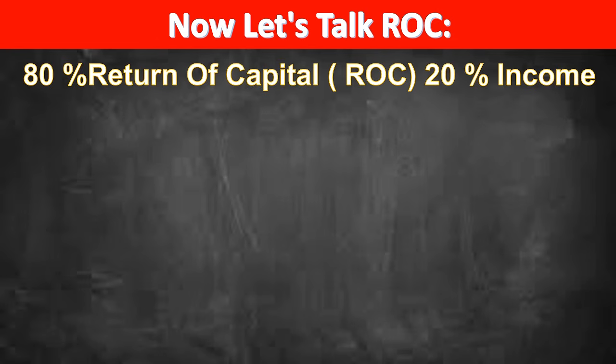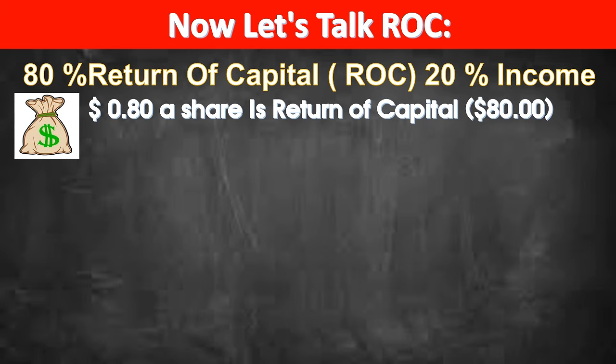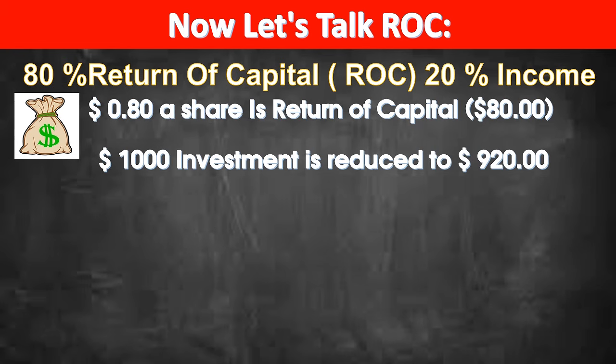Now let's talk about the ROC side of it. 80% return of capital, ROC, means 80 cents a share is return of capital. So 100 shares that you bought, paying you $1 in dividends, 80% of $1 is 80 cents, times your 100 shares is $80. Your initial investment was $1,000.